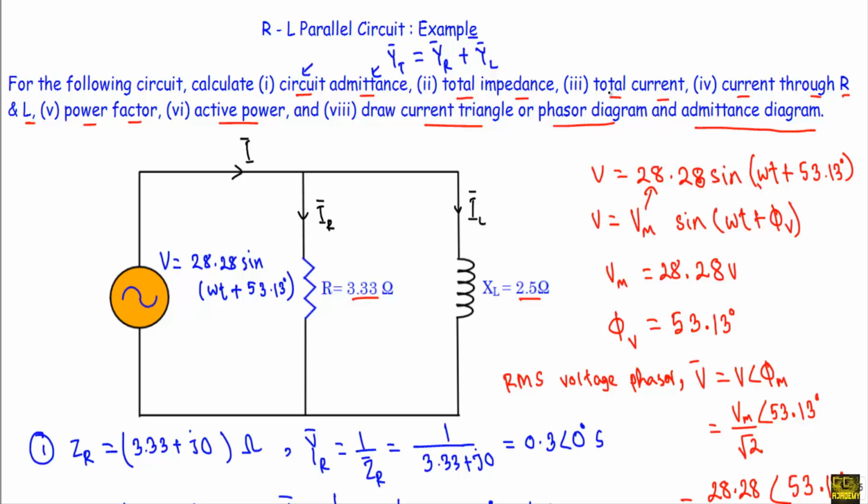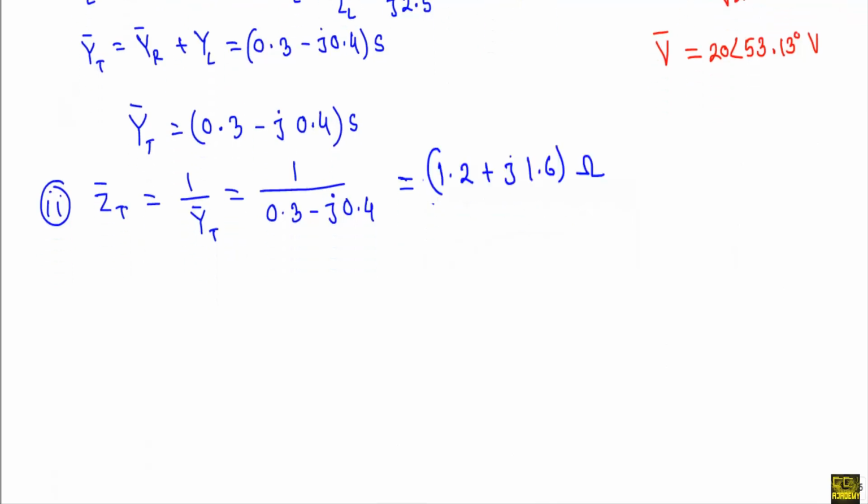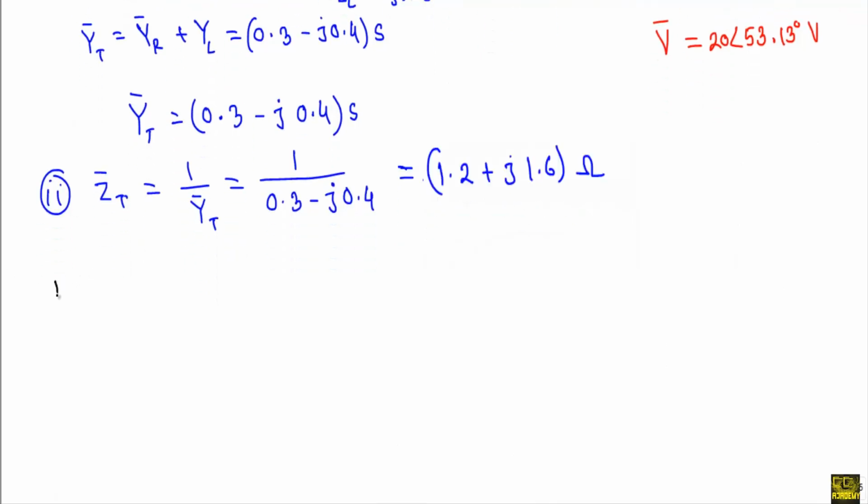So to calculate the total current, I will divide the total voltage V by the total impedance ZT. Total current is I, and that will be equal to total voltage V over total impedance ZT.